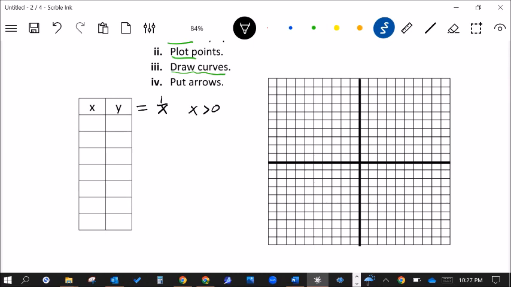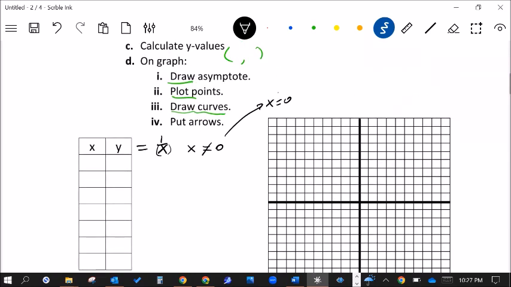The best way to say this is whatever is inside the denominator, you make it equal to 0, solve for it if you can, and that's what you're not allowed to have, because that would make the bottom 0. So x equals 0 is thus the asymptote.